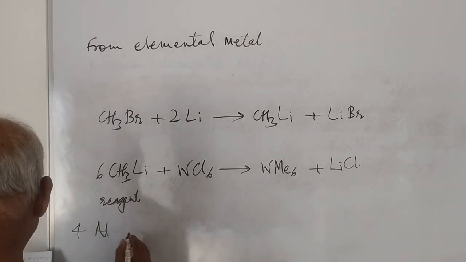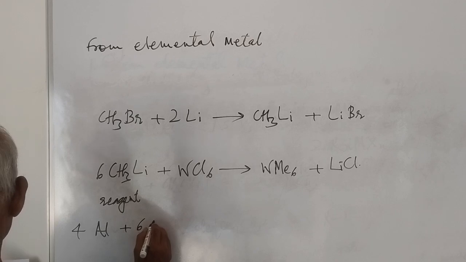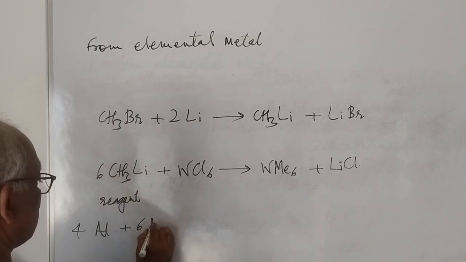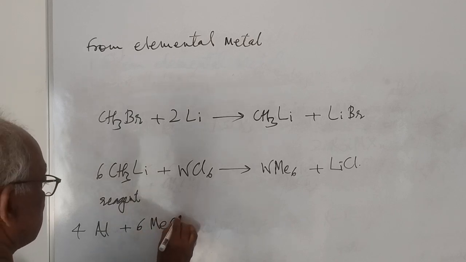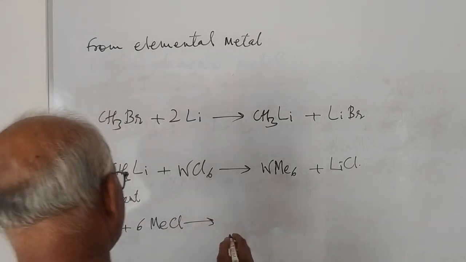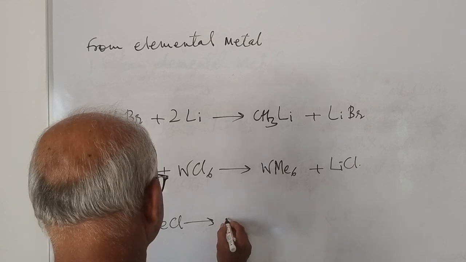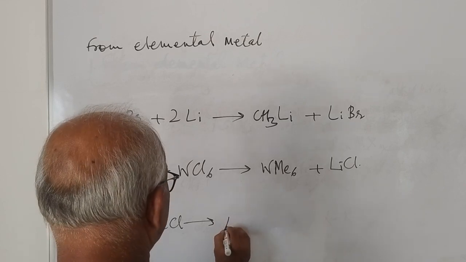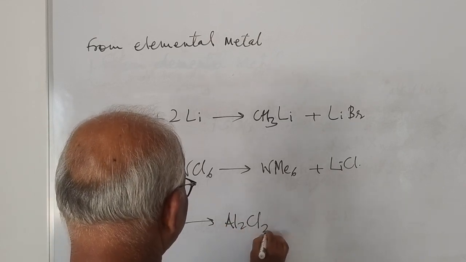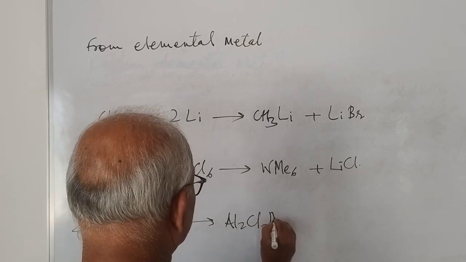Another example is aluminium organometallic compounds. Here aluminium is taken in the elemental state. It is reacted with this MeCl, means CH3Cl. So after reaction it produces a mixture of the products like Al2Cl2Me4.